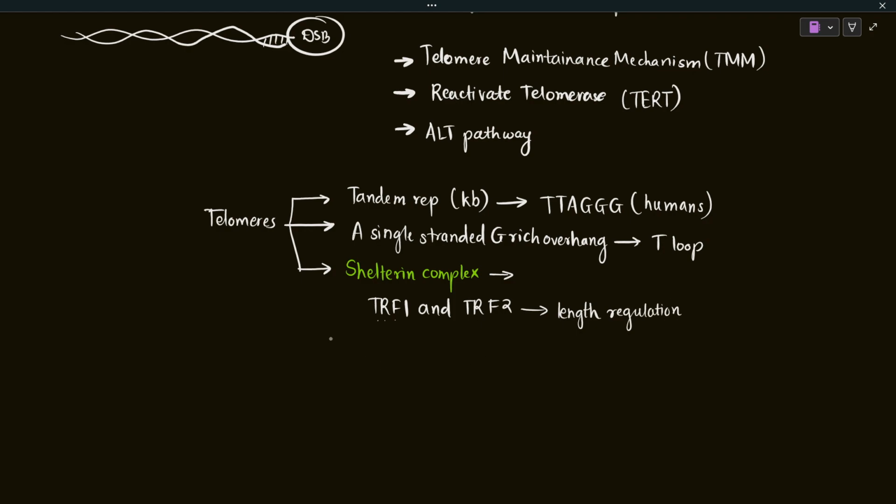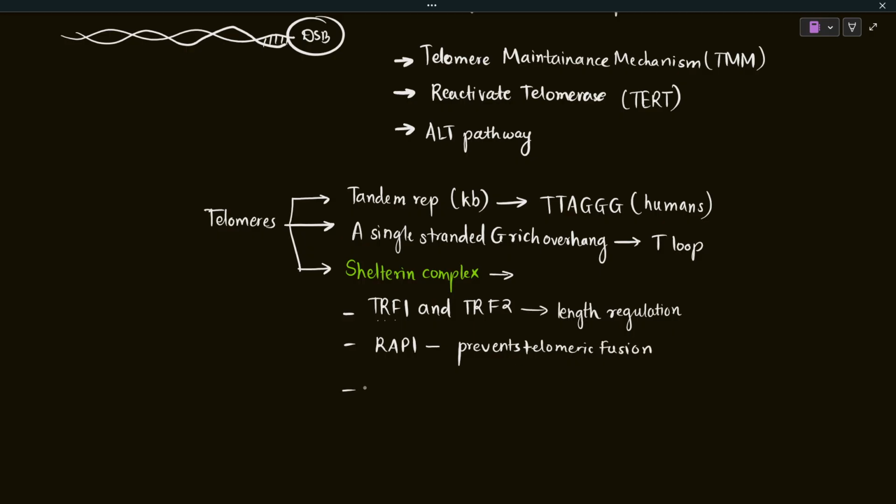Then there is RAP1, repressor activator protein 1, which prevents telomeric fusion, so that telomeric ends will not fuse together.